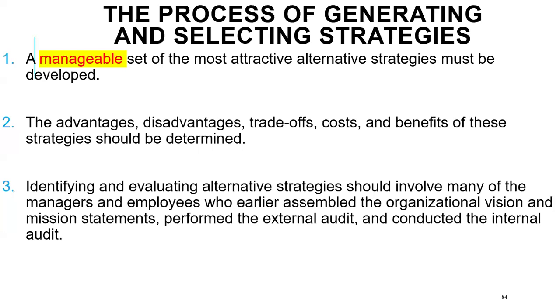So by identifying the pros and cons or the trade-offs of the alternative strategies on the table, it provides the decision makers a comprehensive understanding of what each of the strategies entails or what it seeks to do for the organization. And that will empower them to make a judicious decision by selecting the most appropriate one out of the lot. So it essentially helps them to make an informed decision.